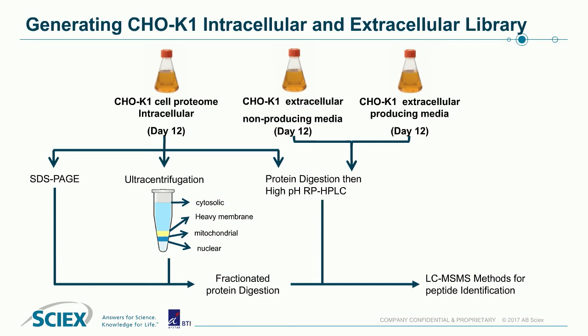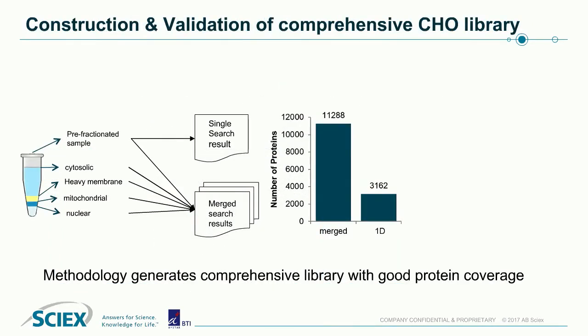All of these have been pushed through the LC-MS platform to identify all the peptides and proteins. They then use standard database search techniques, which are available in many different flavors, to generate a comprehensive list of all the proteins that they can see.